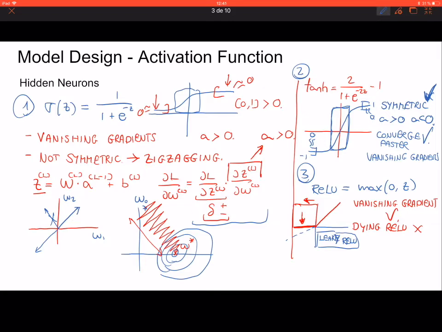And then another problem that we have is that the function is not symmetric again, so there's zigzagging. And finally, one extra problem is that the gradient at 0 is not defined.